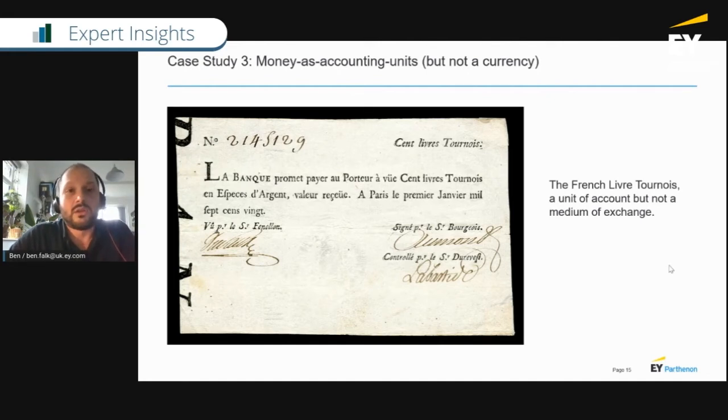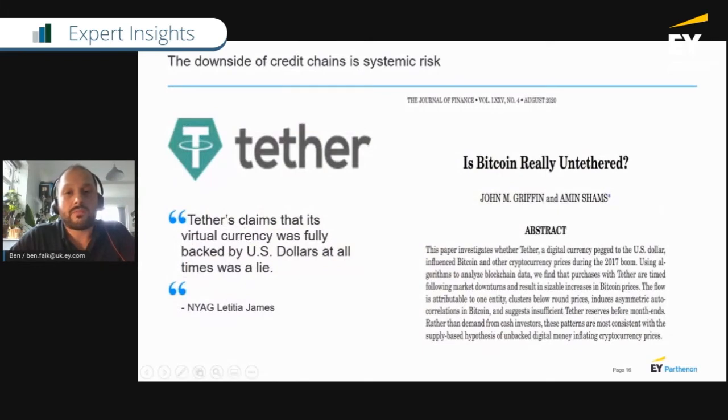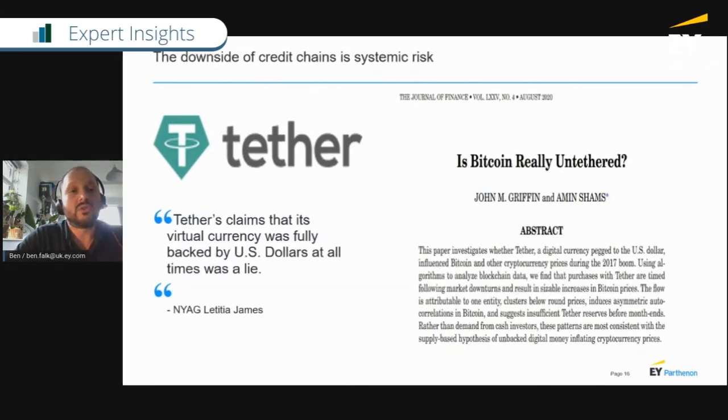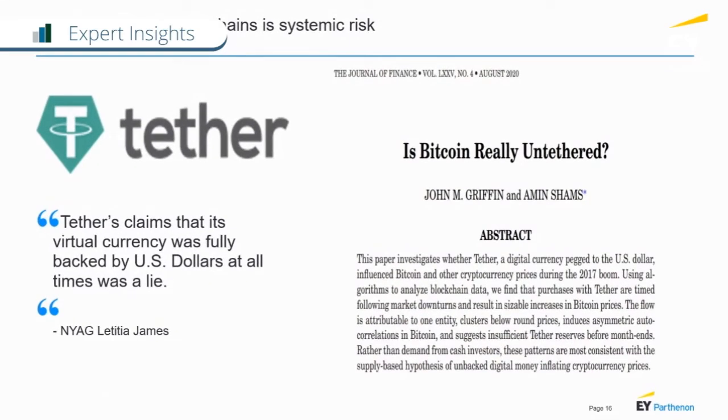So all this flourishing activity in decentralized finance is the result of credit chains because they found their unit of account, a stable coin that they can use for some advanced financing activity.